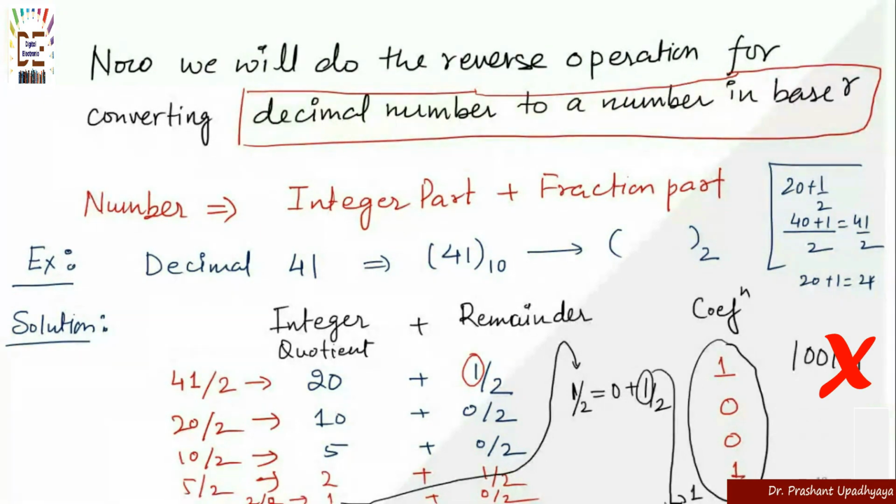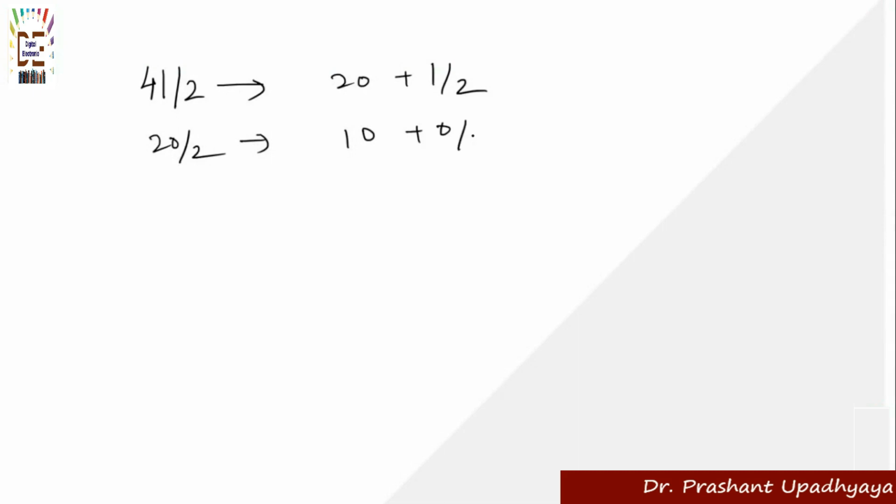So what we have done, let me revise it. We have done it like this. 41 divided by 2, it was 20 plus 1 by 2. Then 20 divided by 2, it was 10 plus 0 by 2. Then 10 divided by 2, it was 5 plus 0 by 2. Then 5 divided by 2, it is 2 plus 1 by 2.